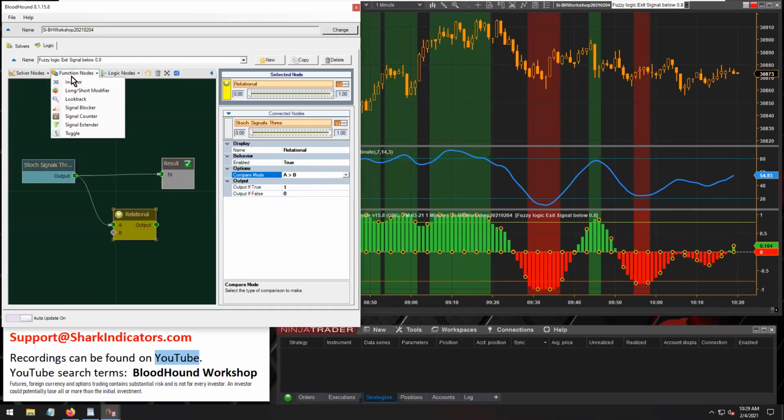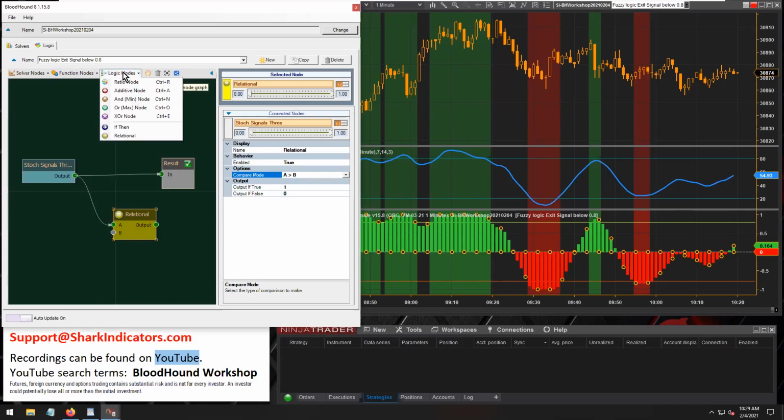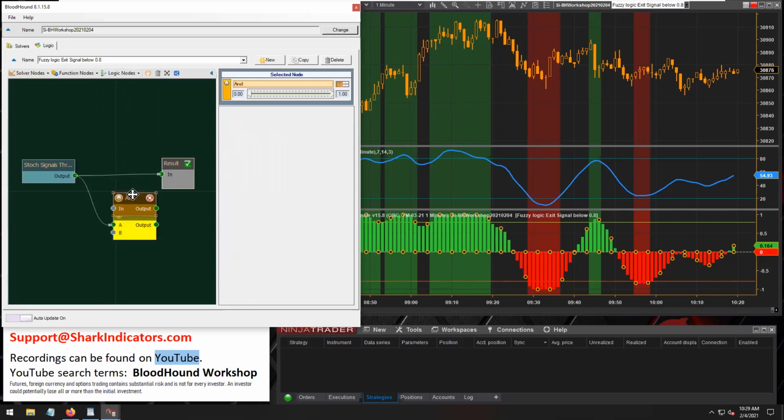Otherwise, with every solver here, let's take the logic nodes, the AND node is only comparing the long output with the long output and the short output with the short output. That's basically how all of these function nodes and all of these logic nodes operate. So anyways, that's just a little extra side information.